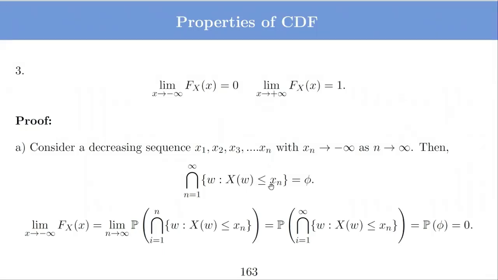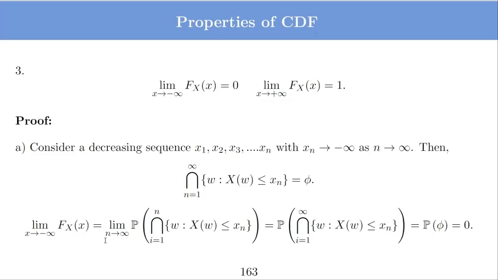So for that n, the set will not contain minus 10,000. For any number you take, you can always find one xn such that this set does not contain that element. Because you can prove it for every number, this set does not contain any number. So this set is an empty set.